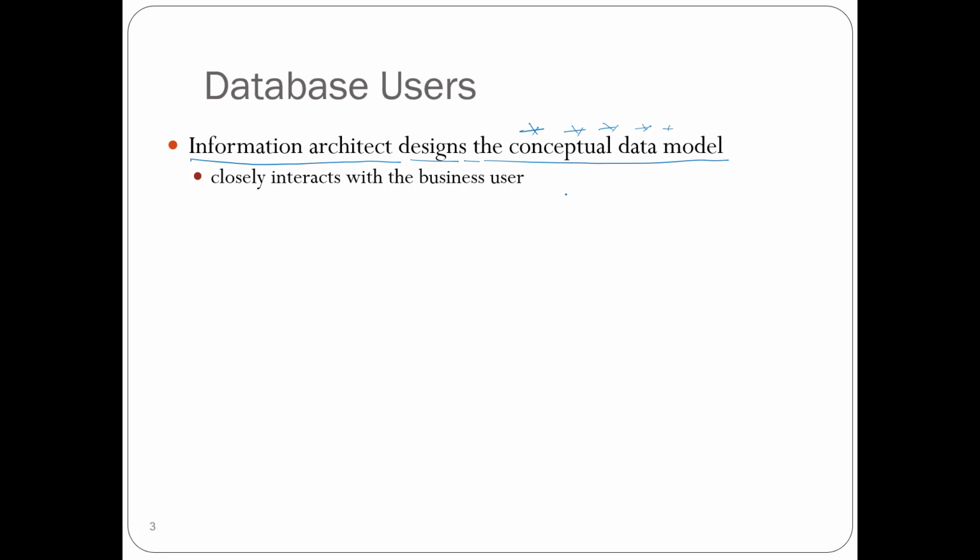And this conceptual data model is built by the information architect as the information architect interacts with the business user. So let's think about the same example, a simpler one, the purchase order database. Let's say that we have to build a purchase order database. Now for that, we will have some client.